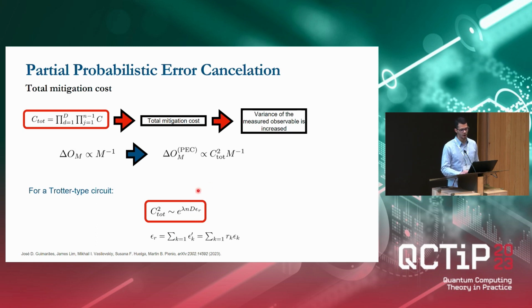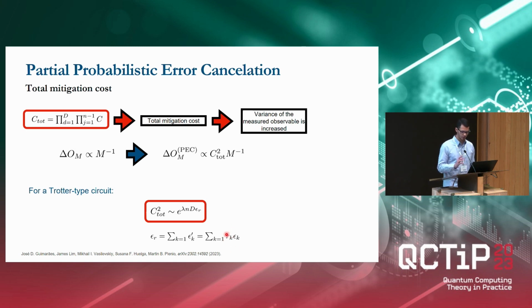And epsilon R, which is, again, the total magnitude of error that we want to mitigate in the circuit. Okay. So these results should be put in contrast with full error mitigation, where C total square scales with epsilon, which means that R here is always equal to 1. But if we employ a partial probabilistic error cancellation, we can have R less than 1.